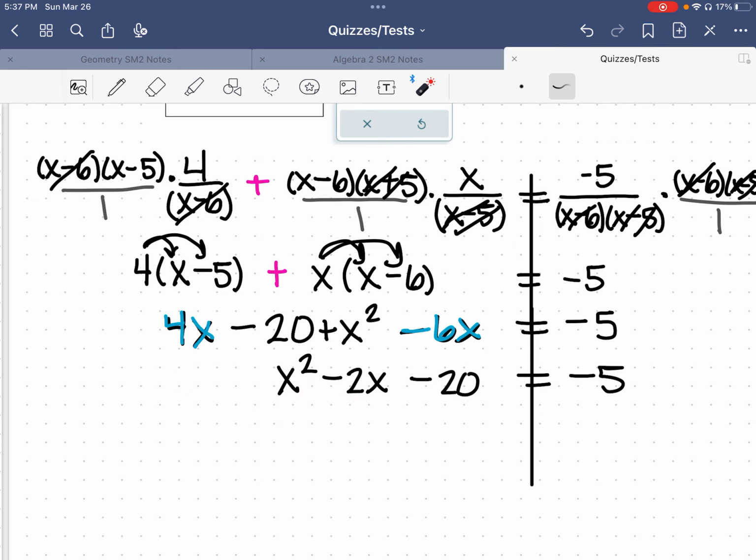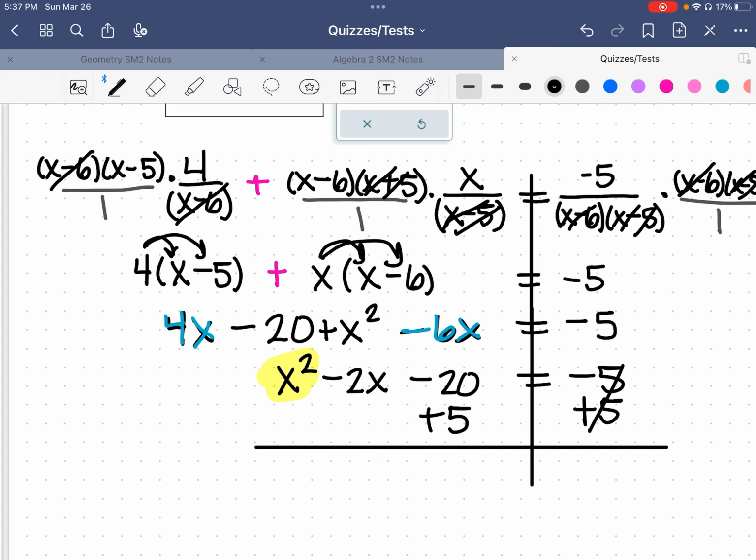Now, you want to make sure that you're paying attention to where your x squared is. Mine is over here on the left side, so I want to take this -5 and I want to move it over here. I'm going to go ahead and do that by adding, and of course, its common term is the -20. So that -20 plus 5 is going to become -15.